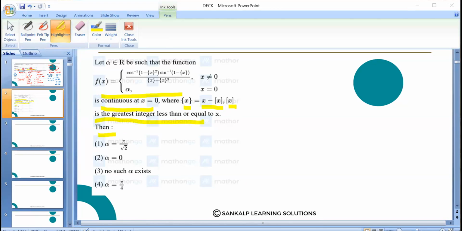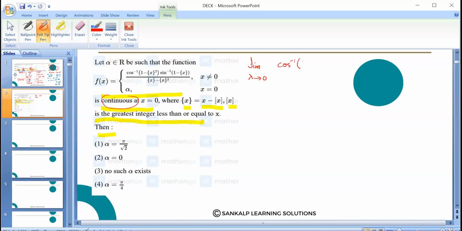Because the function is continuous, the left limit and right limit are both the same. How will you find the left limit or right limit, which are both the same? X approaches 0, we are seeing at 0.